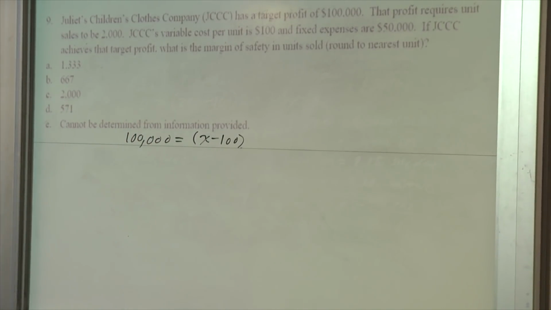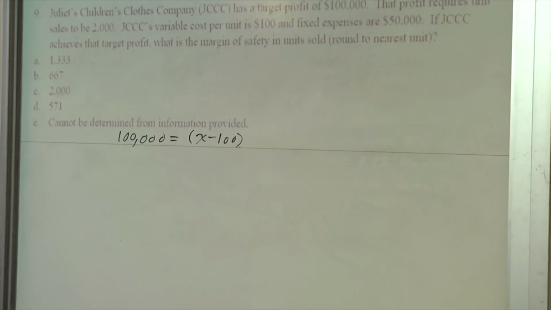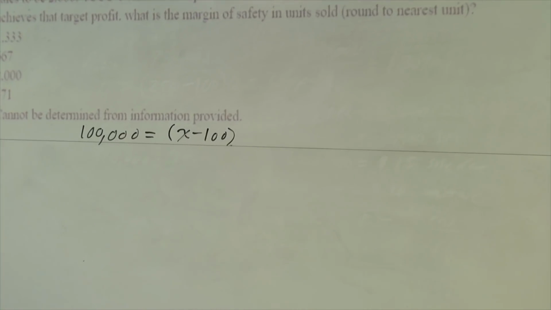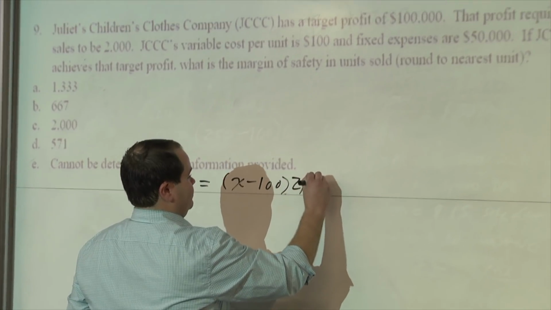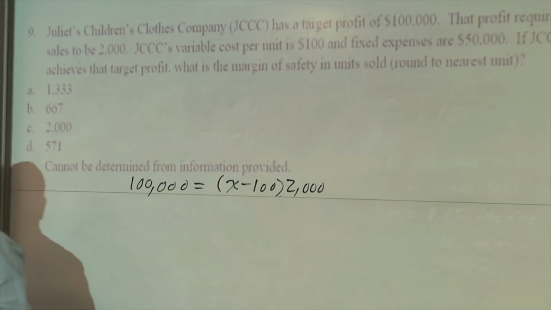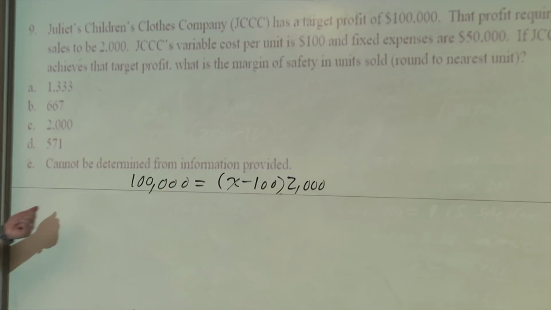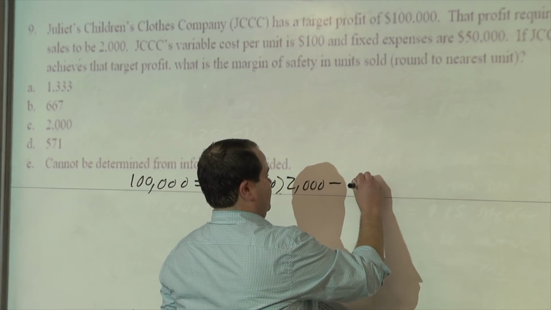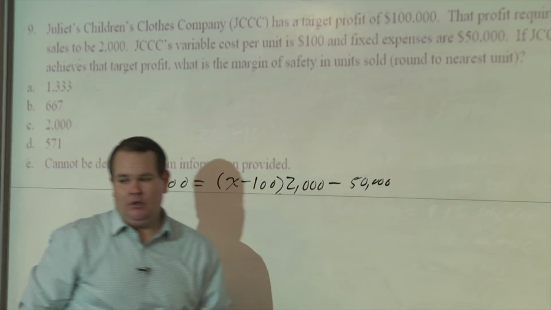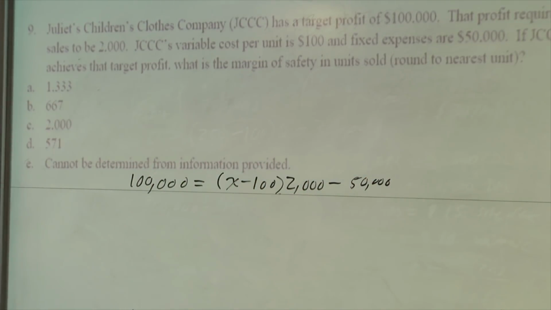They also tell us the profit requires unit sales to be 2,000. So they give us Q in this case. And then finally, we need to take out our 50,000 in fixed costs.